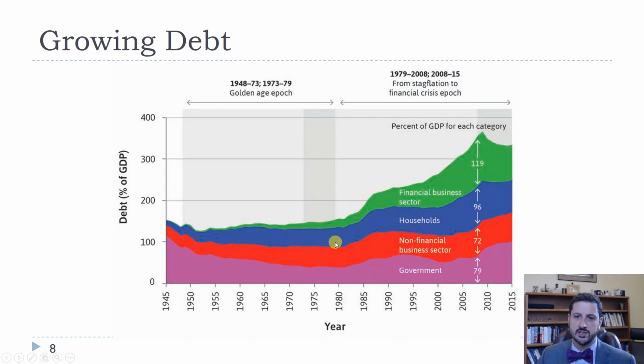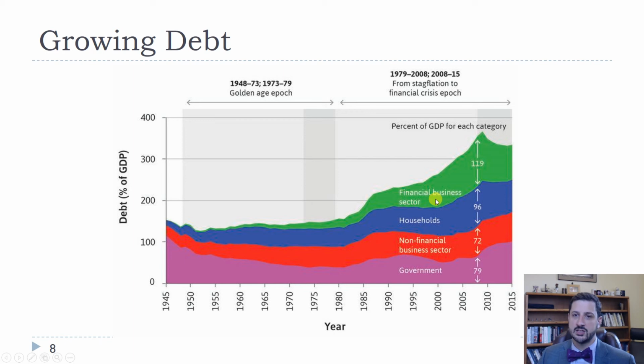Another big change that's happened since the golden epoch is an increase in debt. Partially that's an increase in government debt, although not as much. It's also partially, but not completely, an increase in non-financial business sector debt. It's more an increase in household debt. So households took on more debt, both for mortgages, for credit cards, for student loans.